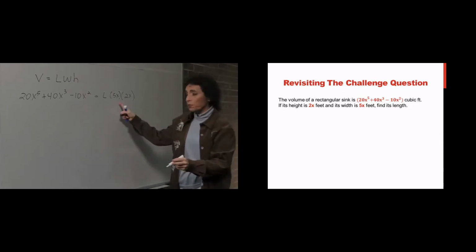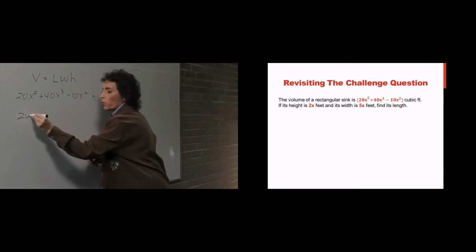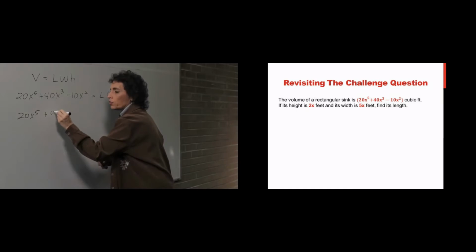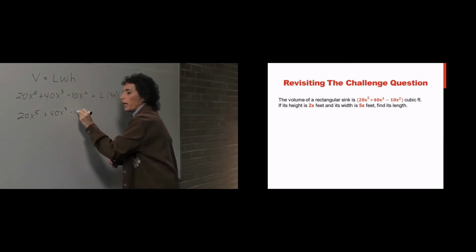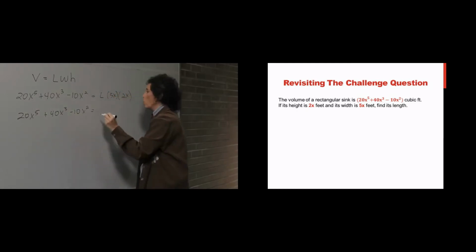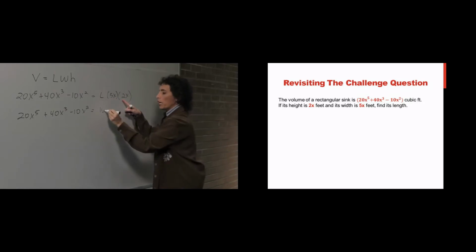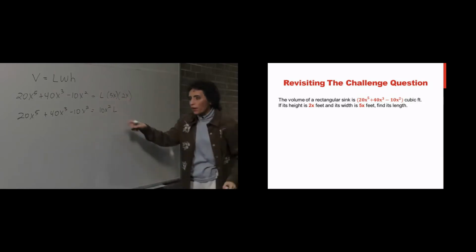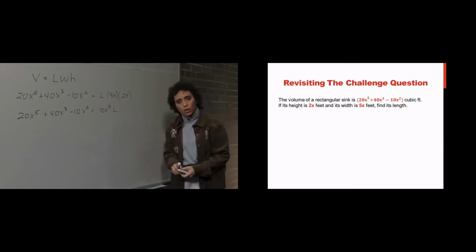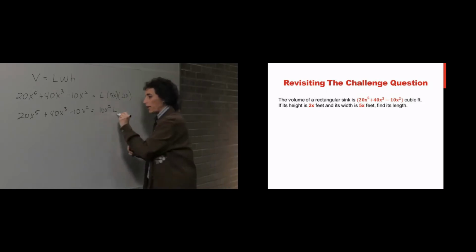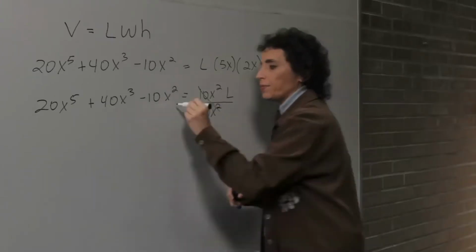So I can simplify this. I have 20x to the fifth plus 40x cubed minus 10x squared equals 5 times 2 is 10x times x squared times L. I'm solving for L. Guess what I have to do? Yes, I have to divide by 10x squared. I now know how to do that.